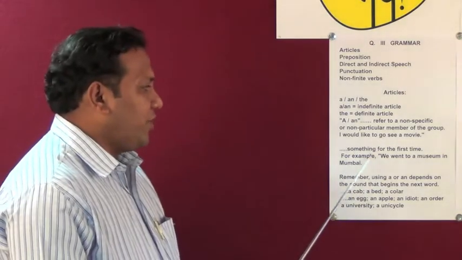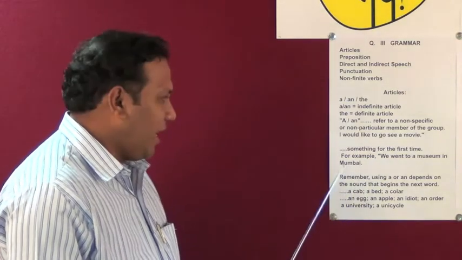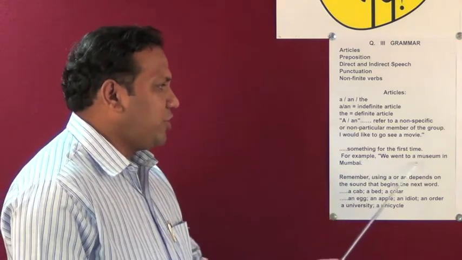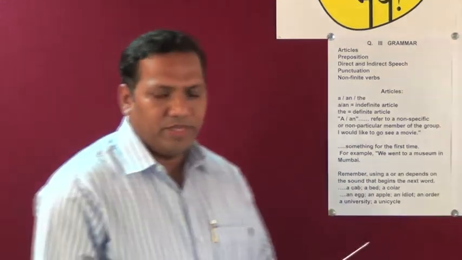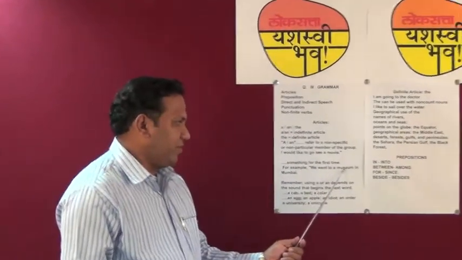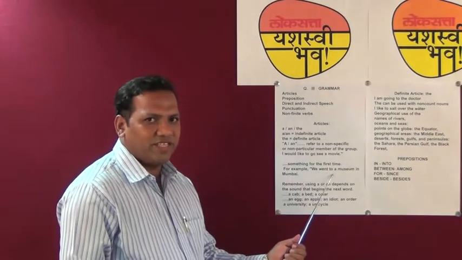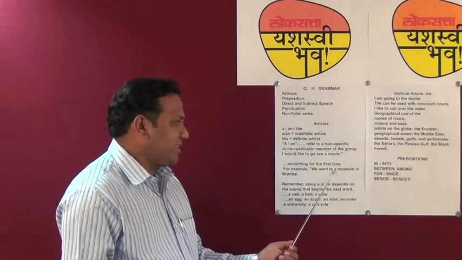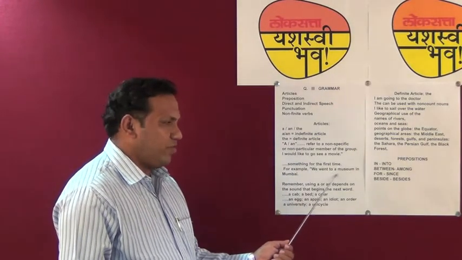Now, something for the first time. Again, an example: We went to a museum in Mumbai. Whenever you are going to visit a place for the first time, you may say a museum. For something for the first time, you can place the article a before that word.